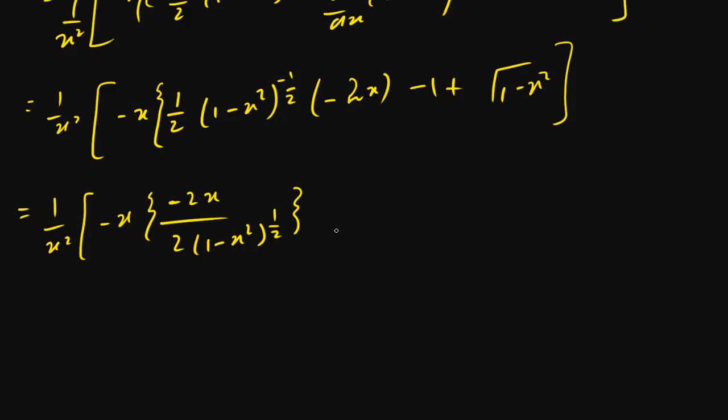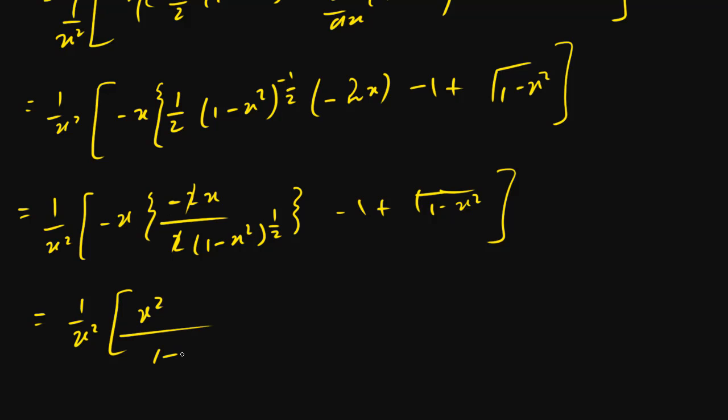Okay, and we have minus 1 plus 1 minus x square, and next we are going to cut that one, and minus minus will be plus, and that will be x square. Now 1 over x square, minus minus plus, and that will be x square, x and x square, and we have the square root of 1 minus x square, and we have minus 1 plus 1 minus x square.